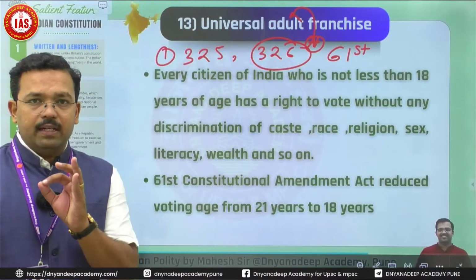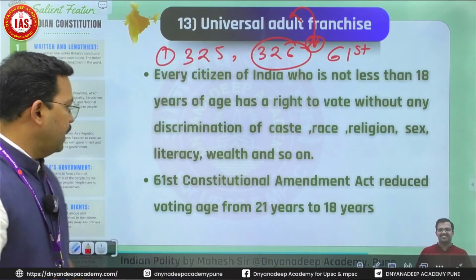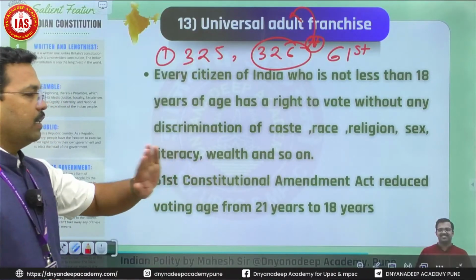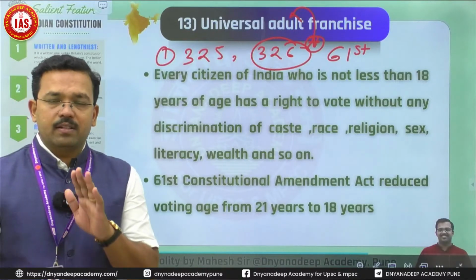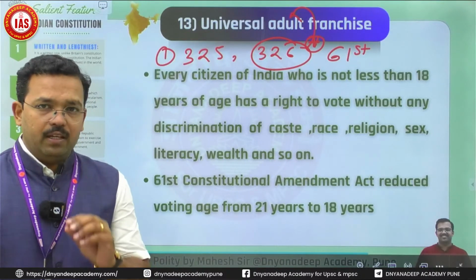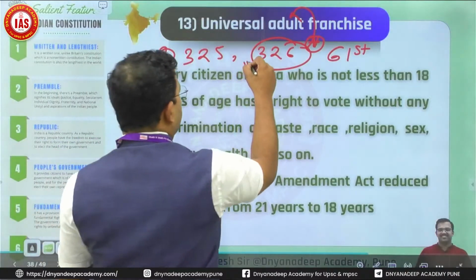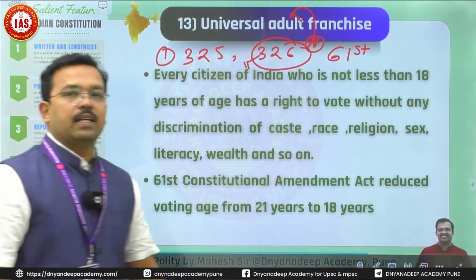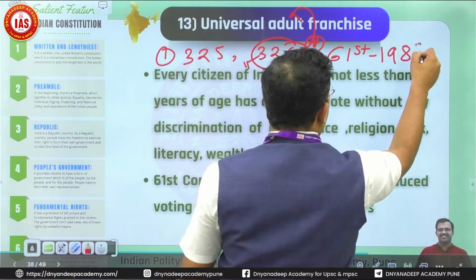What does Article 326 say? Every citizen of India who has completed 18 years of age is eligible to vote. What is the significance of the 61st Amendment Act of 1988?